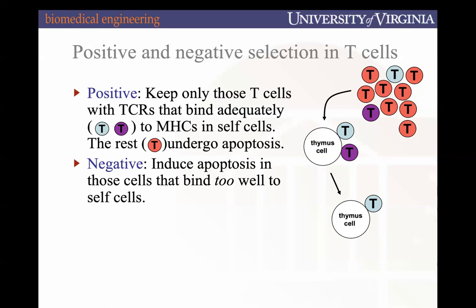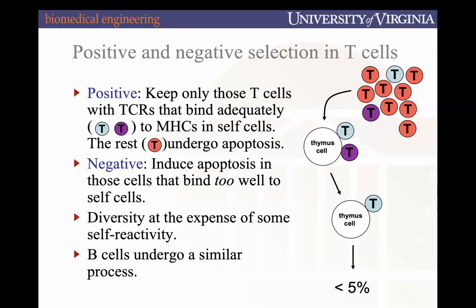So during this negative selection, if these T cells that have passed the first quality check are binding too well to MHC, what that means is, there's an appropriate range of interactions. If it's not binding well enough, they're not going to induce enough immune response. If they're binding super well, that means they might bind when there's not the right antigen there, and it might promote autoimmunity. And so they'll get rid of those T cells during this negative selection process.